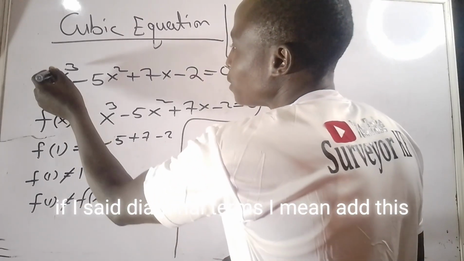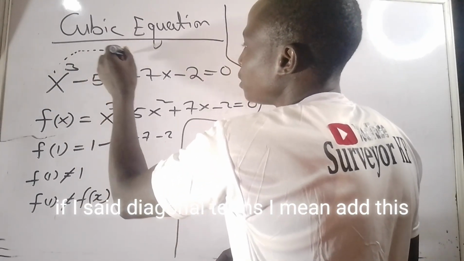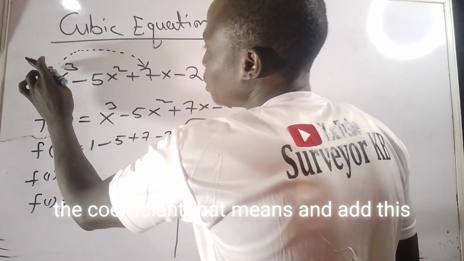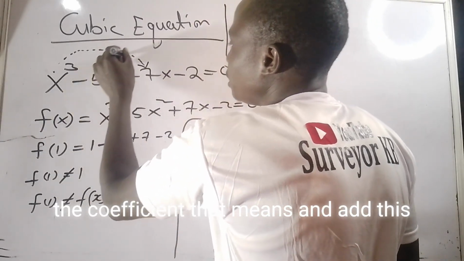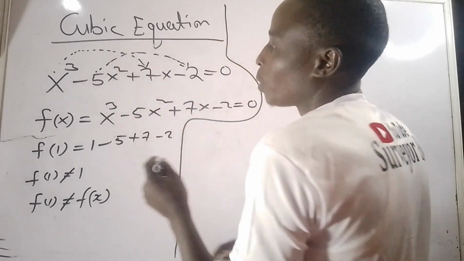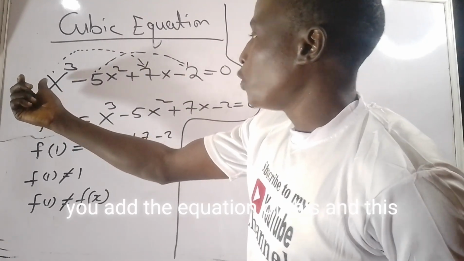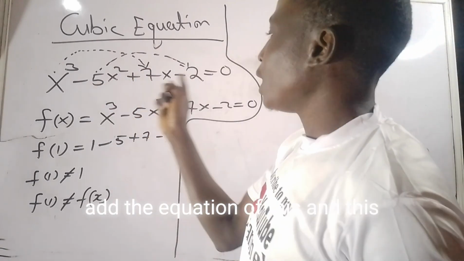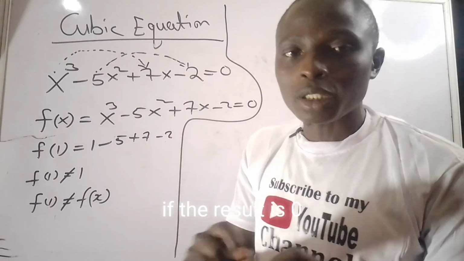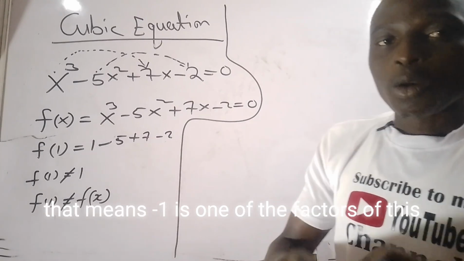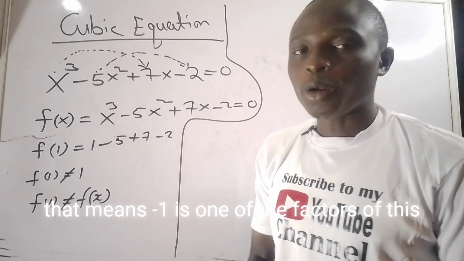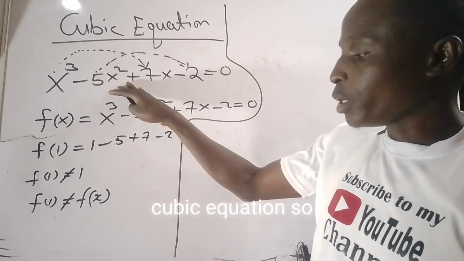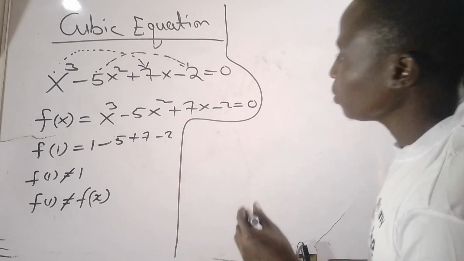If I say diagonal terms, I mean add the coefficient of this and this, add the coefficient of this and this, and subtract the results. If the result is 0, that means minus 1 is one of the factors of this cubic equation.